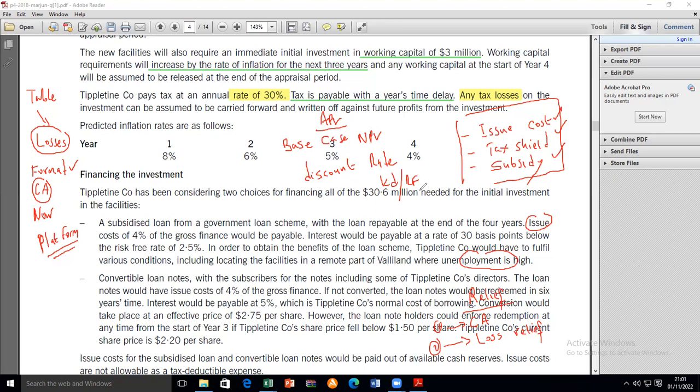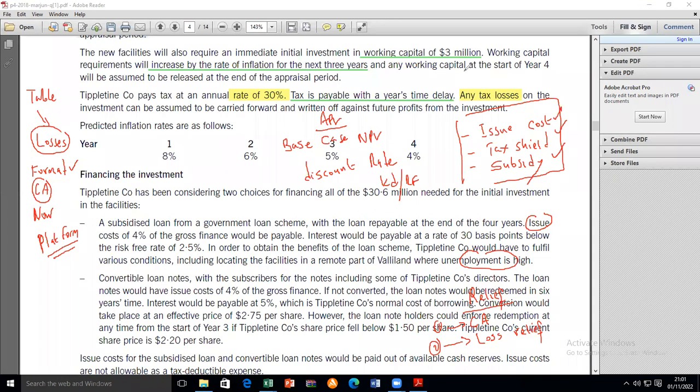Now remember that in the exam situation, we will not get everything right. But what will enable us to get our marks is to ensure that we've got a well-formatted answer.